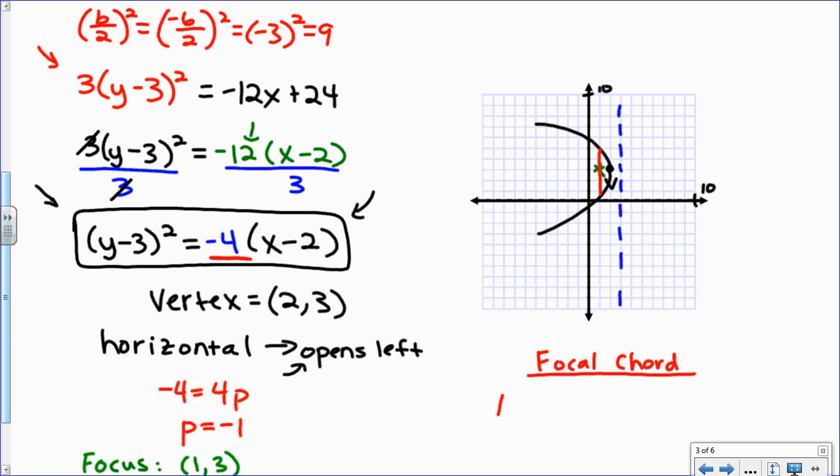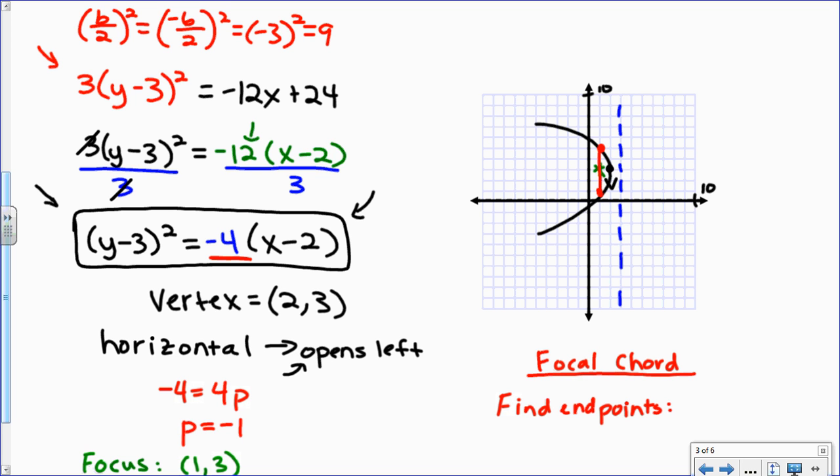Okay, so find the endpoints is what I want to do. So the endpoints of this focal chord, that will be right like here and here. I need to find what those points actually are. So to do that, I can plug something in.